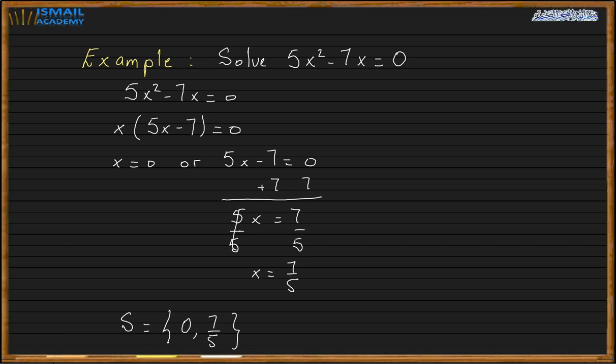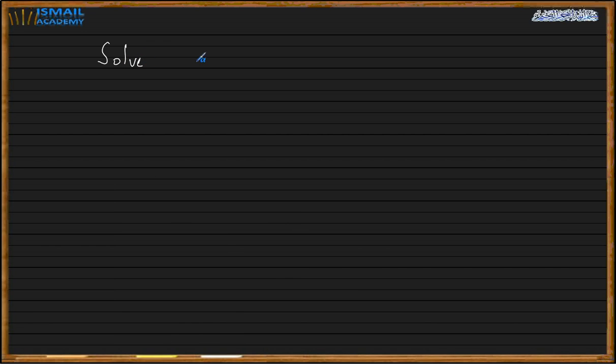So this is an example. Let's pick another example. Suppose I want to solve 4x squared minus 6x plus 7 equals 7. As you see here, we have a number on the other side of the equal sign, so I cannot take a common factor.